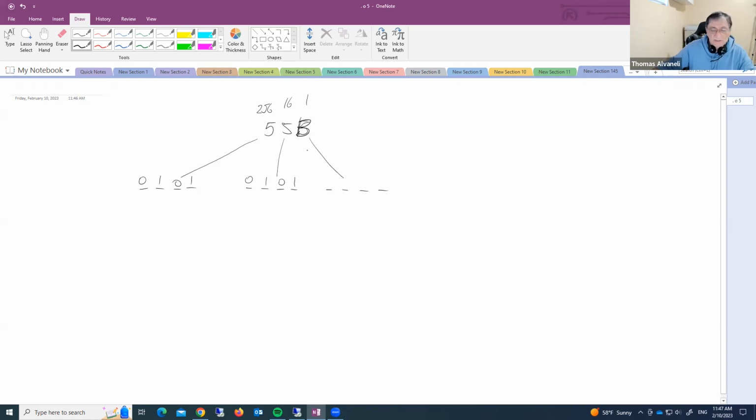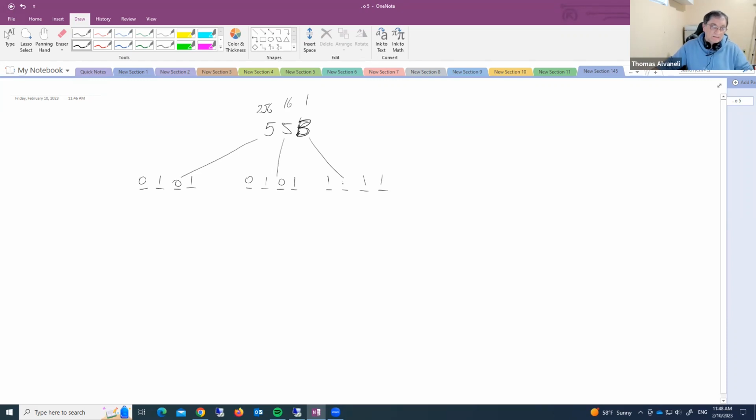What about B? B is 11. To get 11, we need 8, then we need 2, and 1.